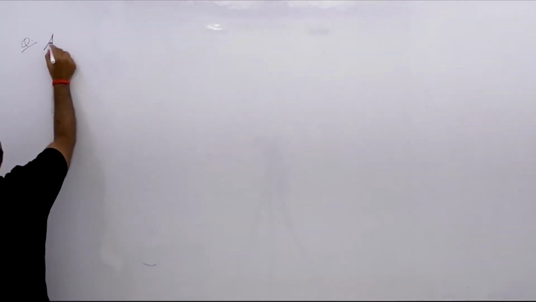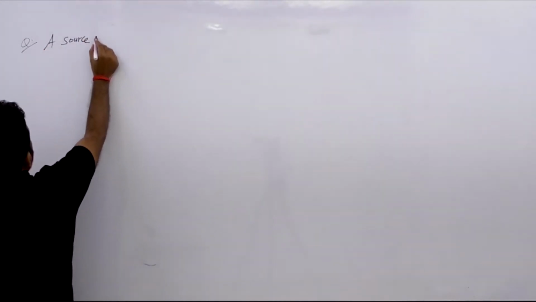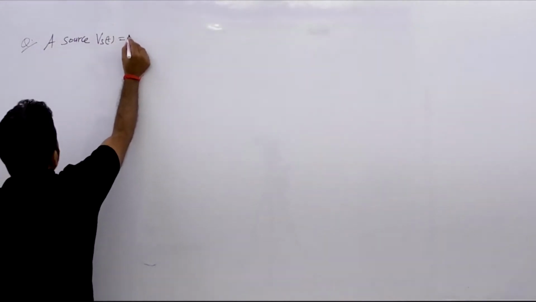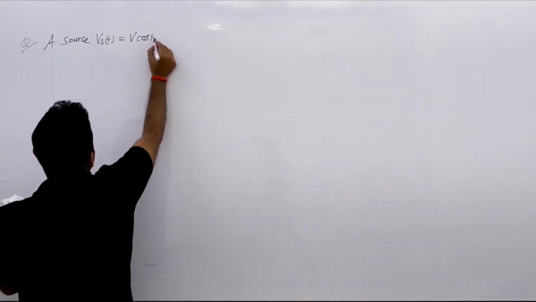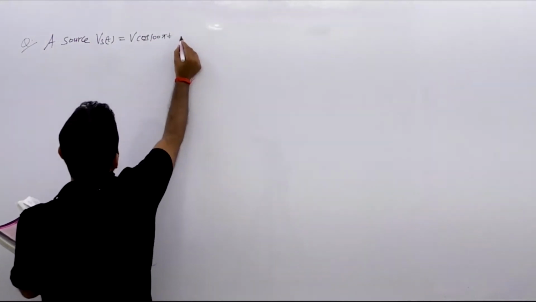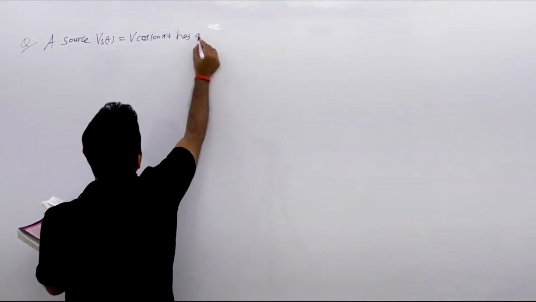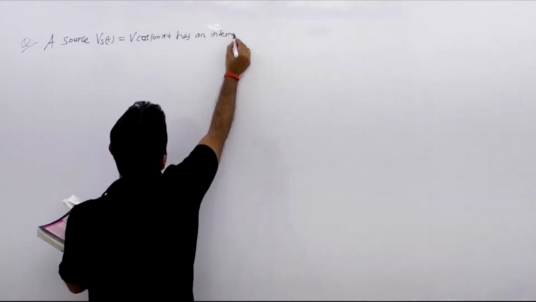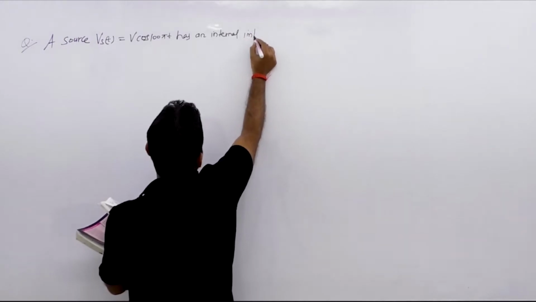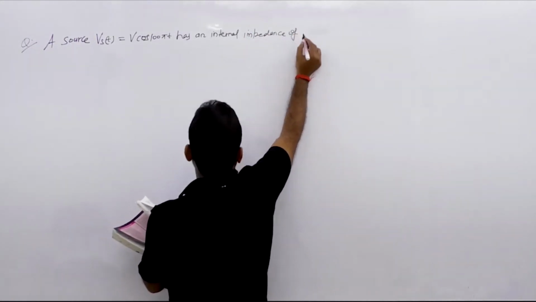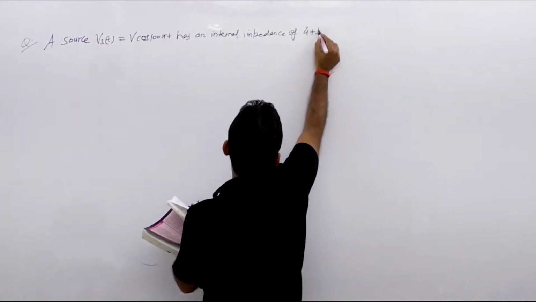The next question with respect to the maximum power theorem in AC is: a source Vs of t equals V cos 100 pi t has an internal impedance of 4 plus j3 ohm.